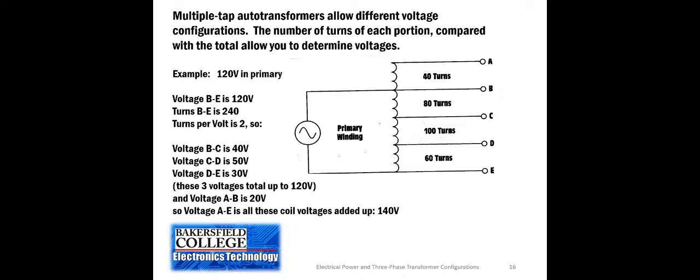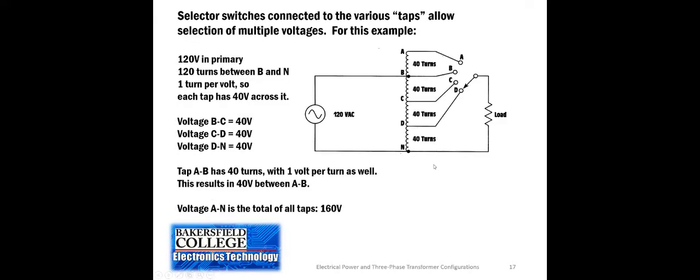I can't figure it out based on these 40 turns that are above where the power supply is connected. I have to figure the number of turns per volt between B and E. But the same number of turns per volt will apply to A and B. One of the good things about the autotransformer is being able to switch between the various taps.